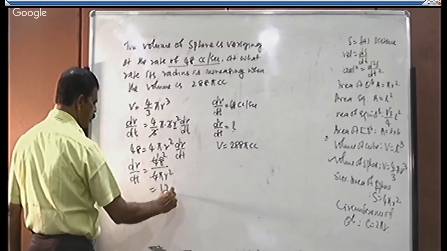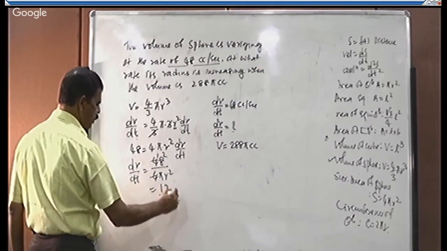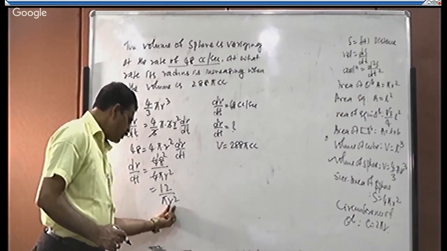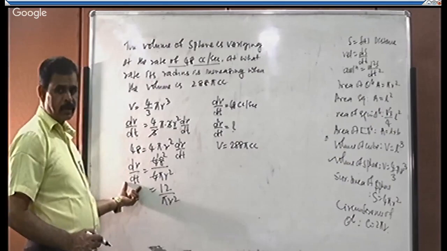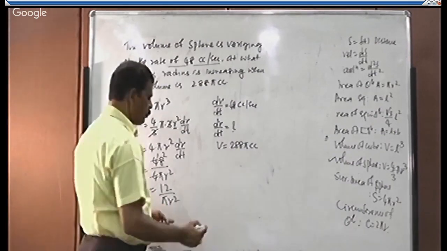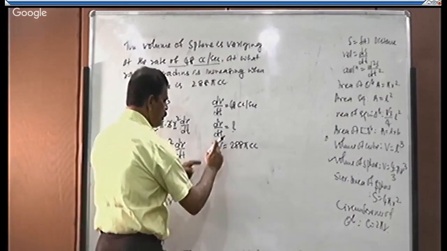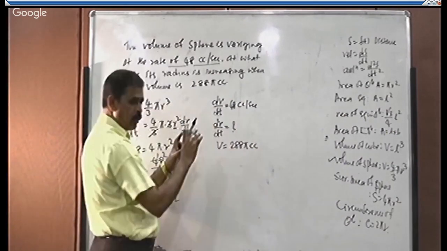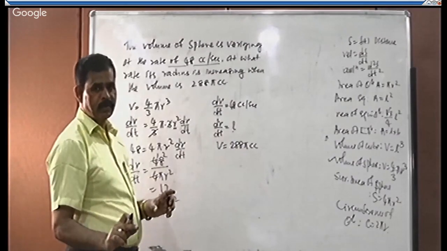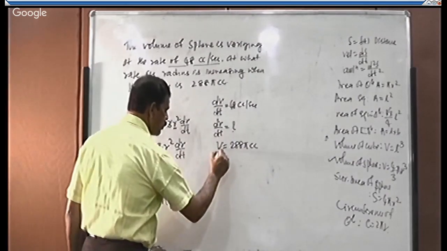It is 12 divided by pi r square. If we substitute the r value, then the problem will be completed. So we need r. R is not given, but volume is given. At this particular volume, there will be a particular radius, right? That radius we have to find first. How? Just write the formula for this.